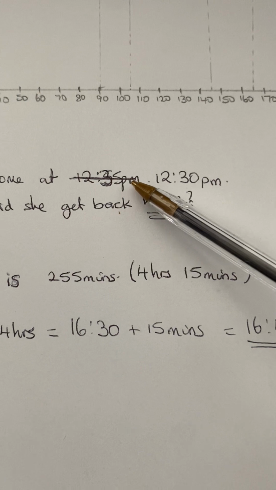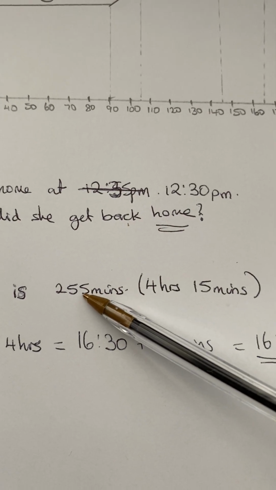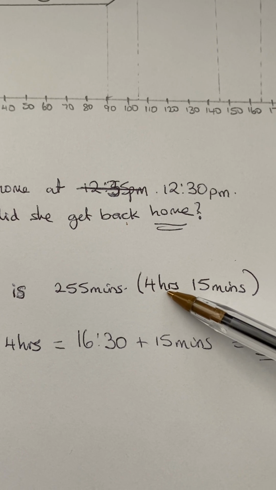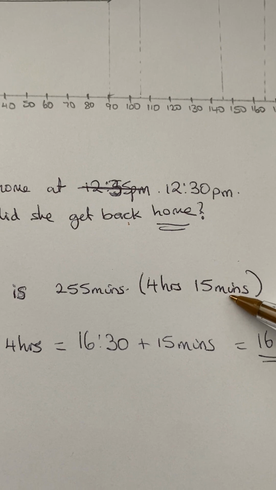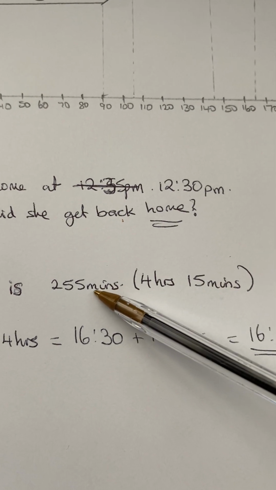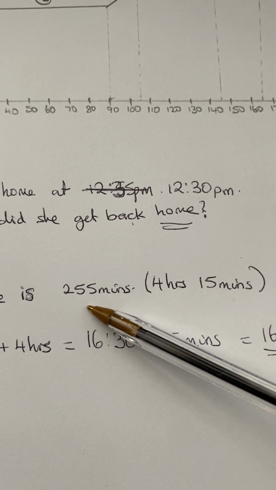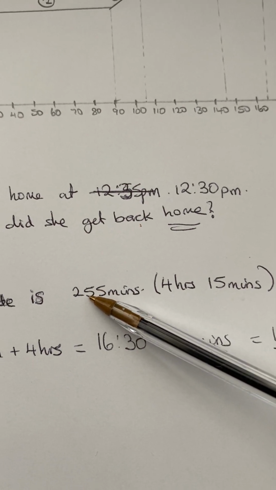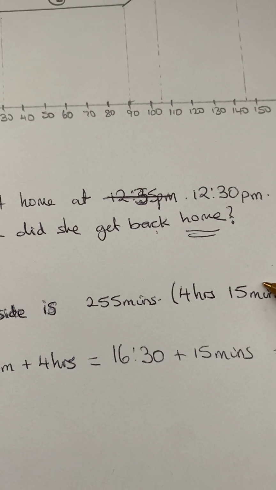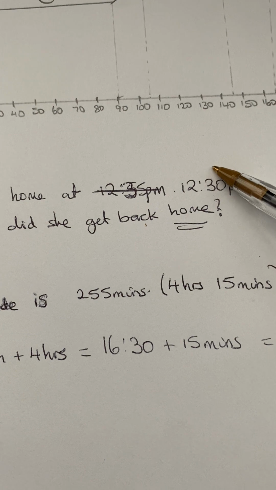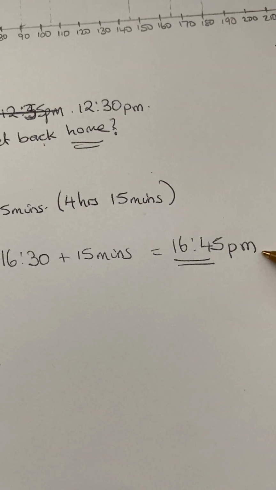If you are not good at it, just divide by 4 on your calculator and you get 4 hours, and then figure out the 15 minutes. 4 hours is 240 minutes. 255 minus 240 leaves 15 minutes. Add that to the time she left home, and that will be the time she'll be back home.